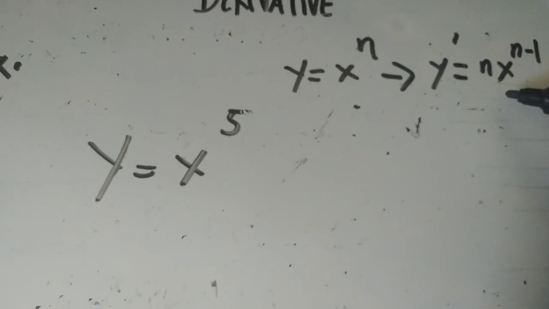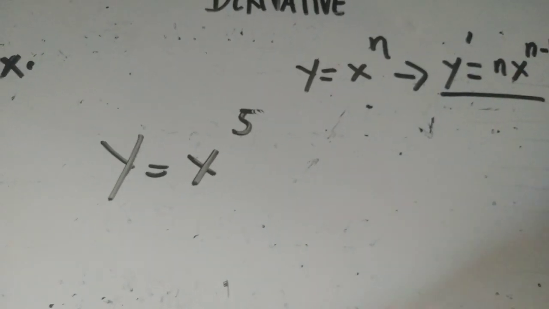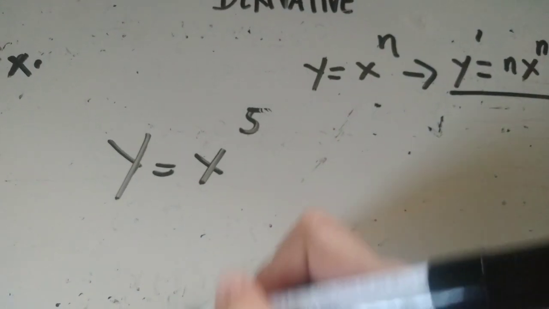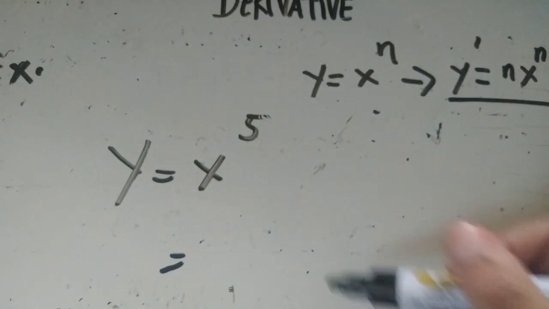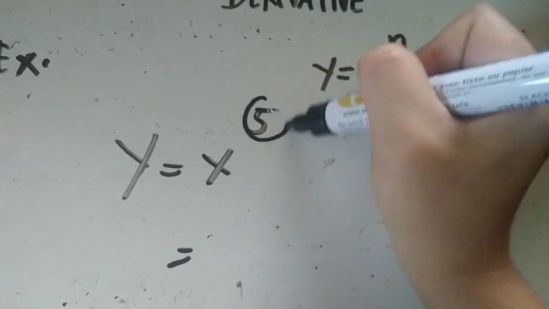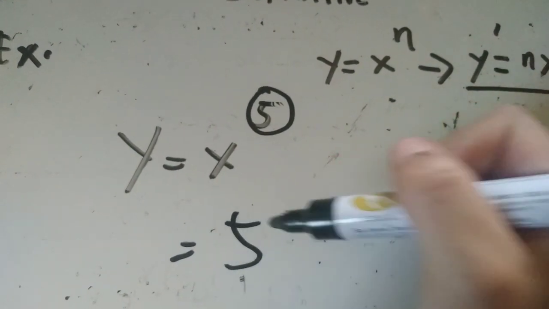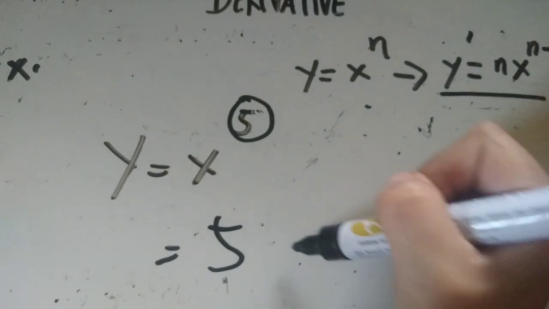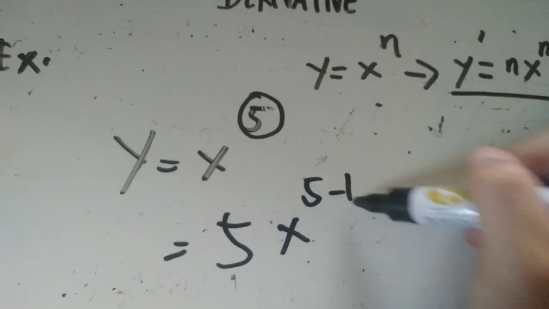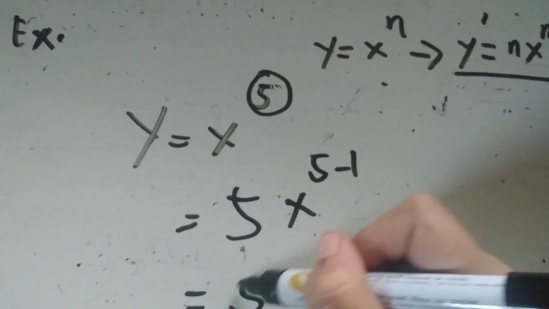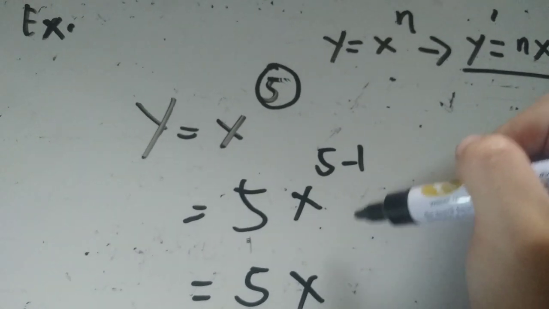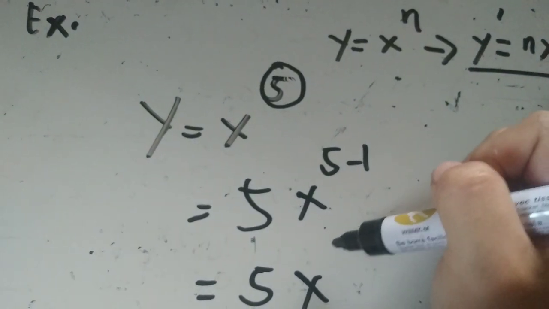So we will follow this. So the given is x raised to 5. So we have the exponent, or n, will be 5 times x raised to 5 minus 1. Then that would be 5 x raised to 5 minus 1, that would be 4.